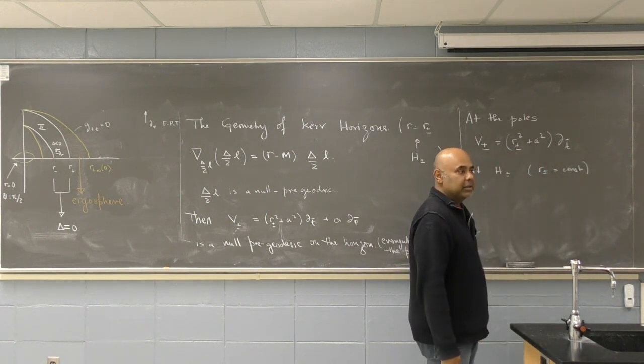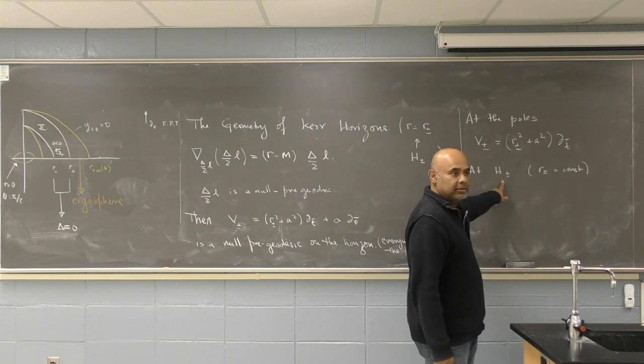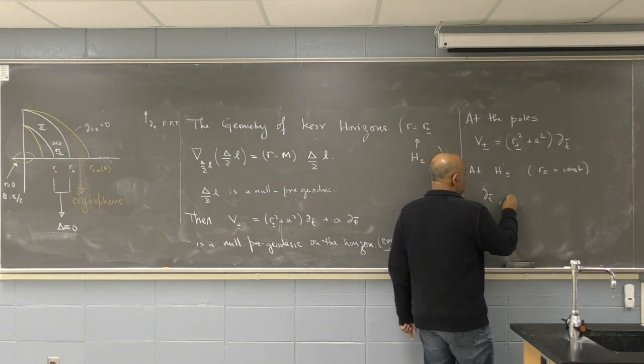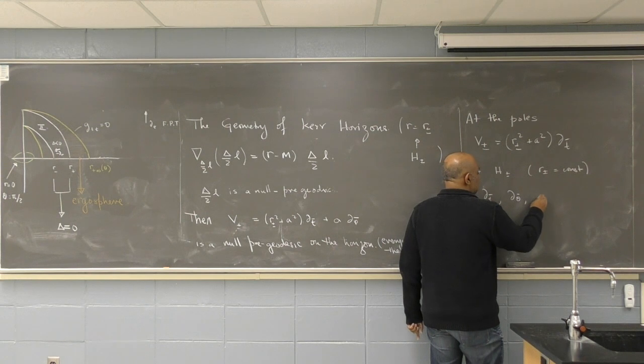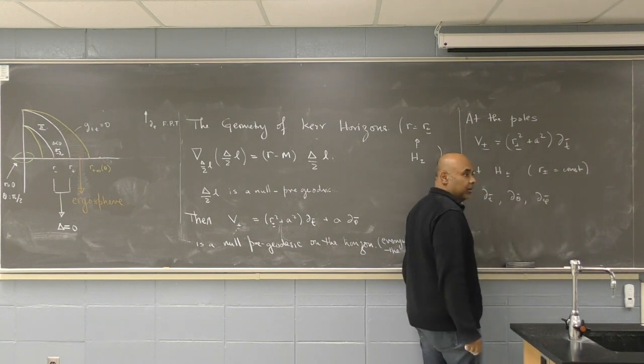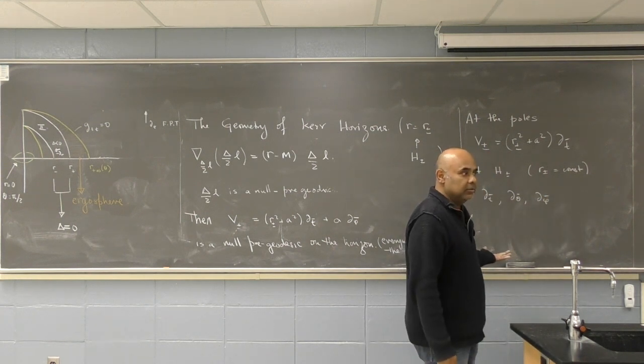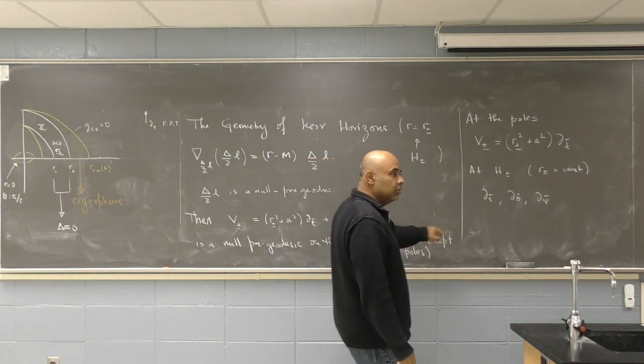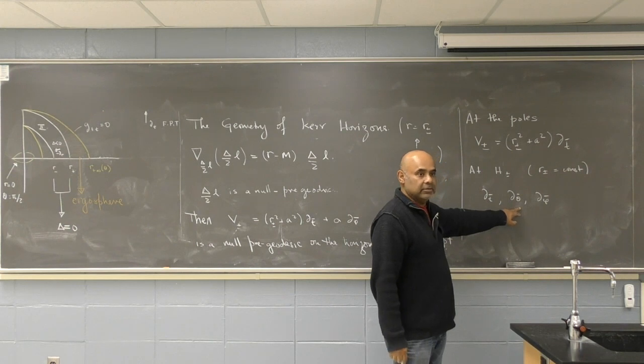What vector fields span this submanifold? Well, r is a constant, so dt bar, d theta bar, d phi bar span the horizon. Notice this guy is contained in the span of this.